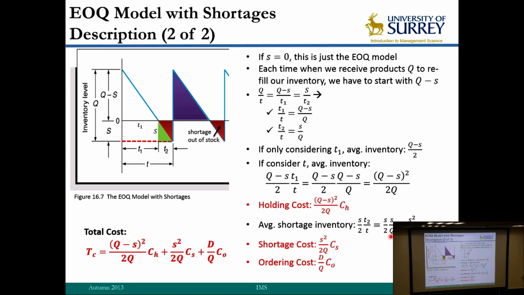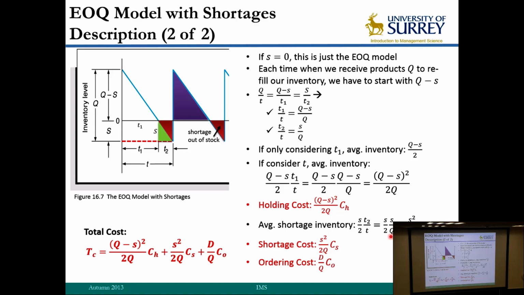So we can substitute Q minus S divided by Q into this, and we have the total average inventory level. And if the holding cost or carrying cost is CH, we multiply the average inventory level by the cost, and that's basically the total holding cost.